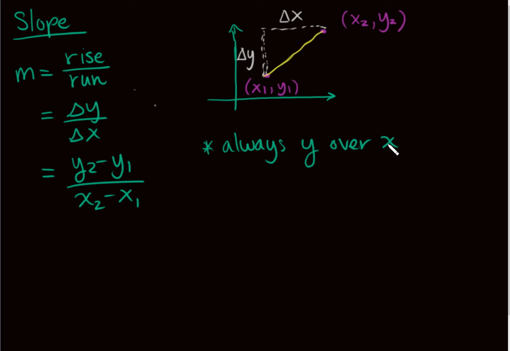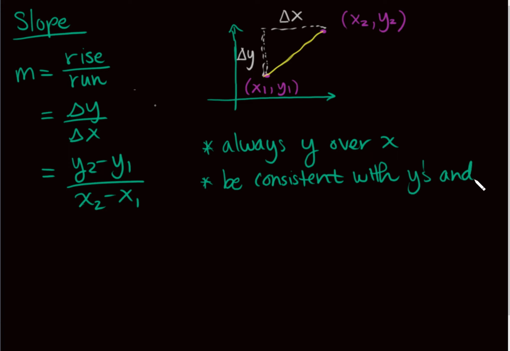We always need to take the change in y over the change in x. Don't do it the other way around. Don't do x over y. Slope is defined to be the change in y over the change in x. And the other thing that my students always forget is to be consistent with y's and x's.